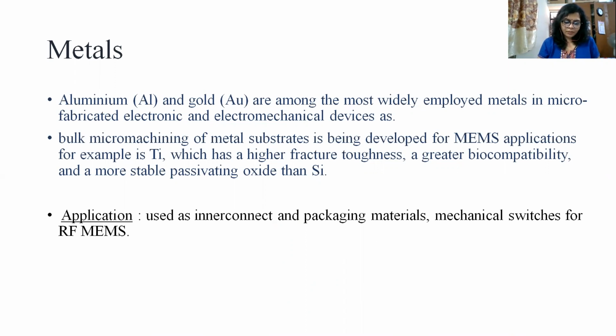Gold is also used as an electromechanical switch in RF MEMS. Bulk micromachining of metals is developed for MEMS, that is tin, having high fracture toughness, being biocompatible, and more passive to oxidation than silicon.